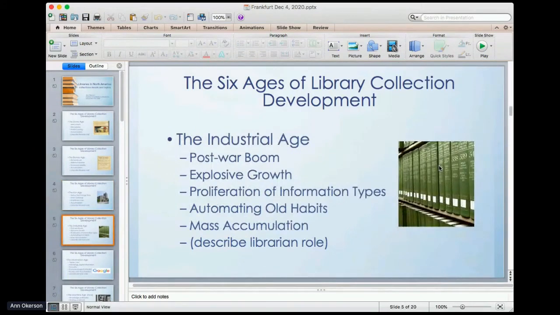By comparison to the rest of society, the industrial age came late to libraries, but it came with a vengeance. It is a very familiar age, the period from the early 1900s to about 1980 or 1990, more or less. The mid-20th century was the great age of building the giant academic libraries in the US that we have come to take for granted.